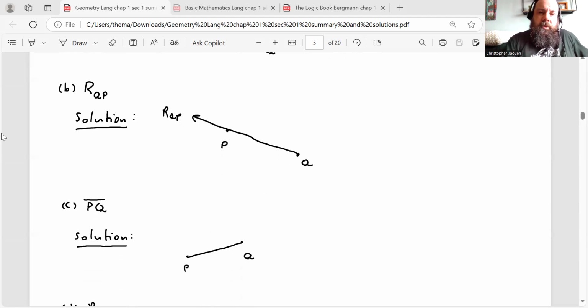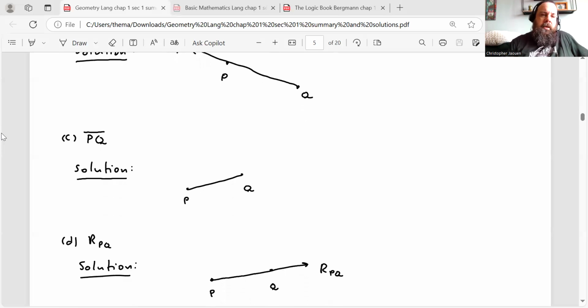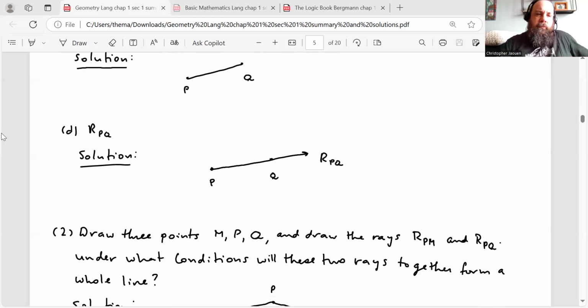So the vertex of the ray is Q, and we want the ray to pass through the point P. So I have that drawn here. Part C, they want us to draw the line segment PQ, which I have drawn there, as you can see. Then we want ray from P to Q. So here P is the vertex and Q is some other point on the ray. And I have it drawn here.